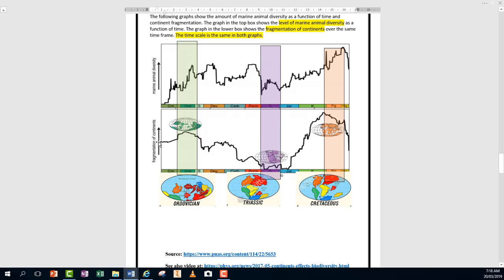We really don't know what happened before, and we don't know what's happened after, but we can guess. But what's happening? It's just always moving, isn't it? So there's my second thought, a trend is that the Earth's crust is always moving. The marine animal diversity is always changing, but seems to have an average, and then when you look at it, the trends seem to move together.